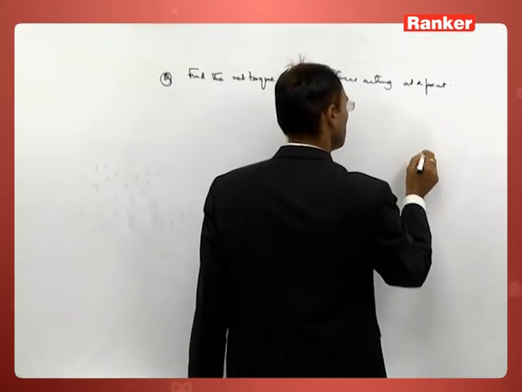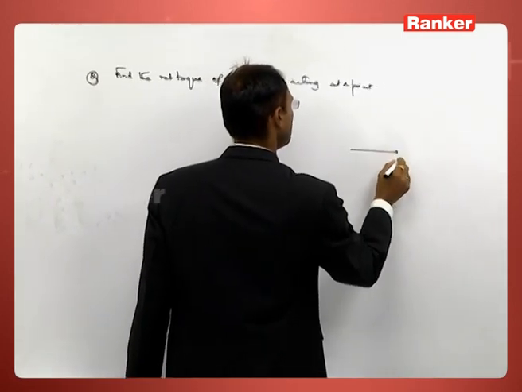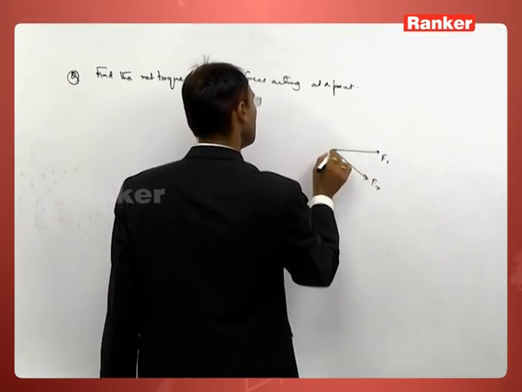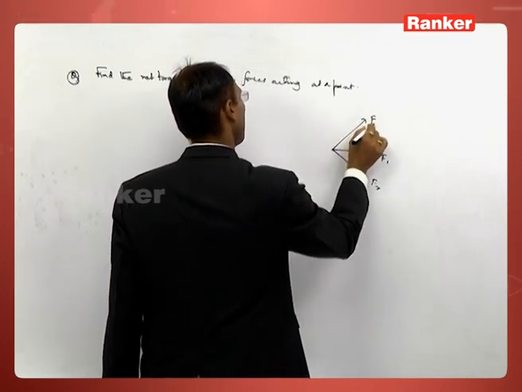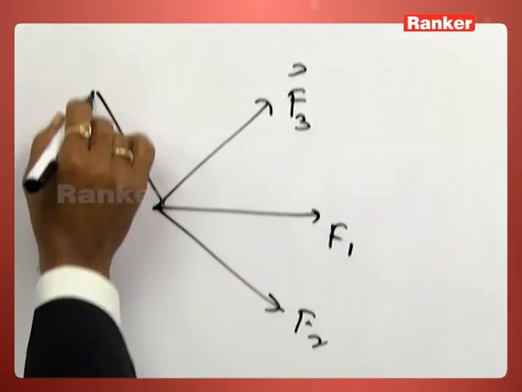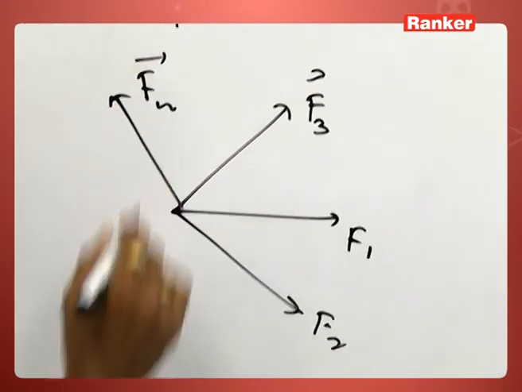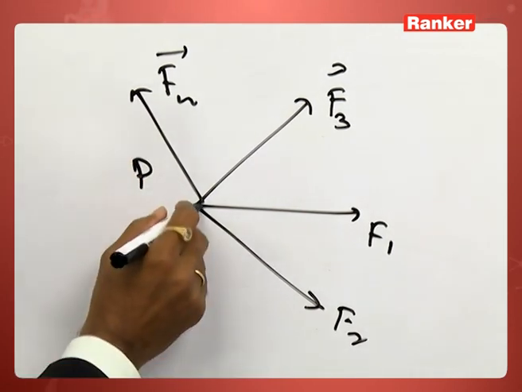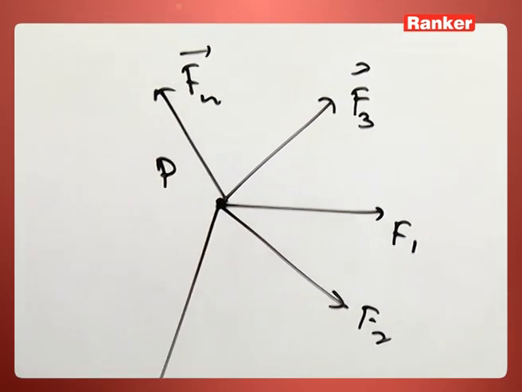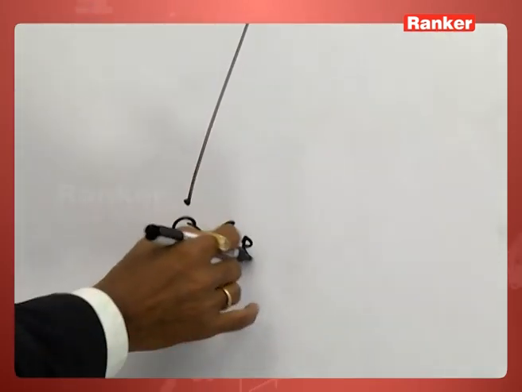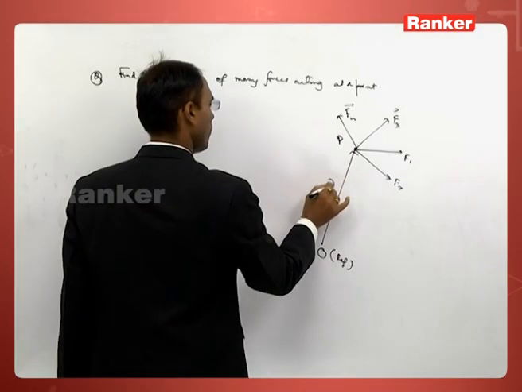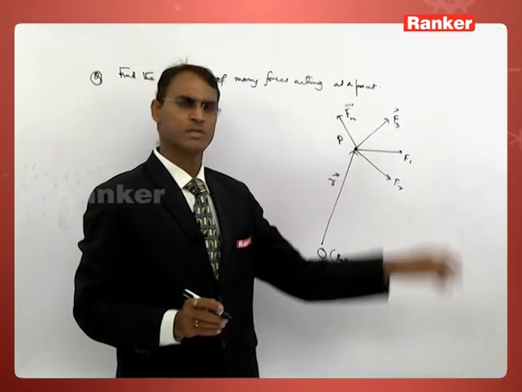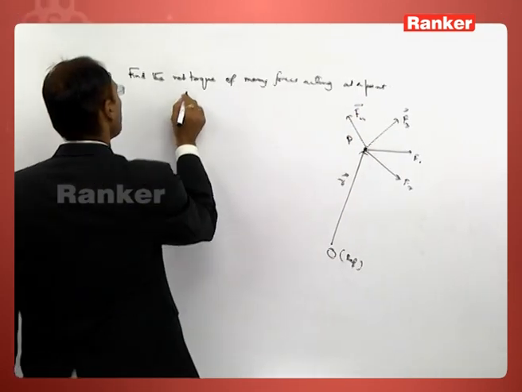Suppose at this point F1 is acting, at this point F2 is acting, at this point F3 is acting, at this point Fn is acting. Let this point be P. Take the reference point O. R is the position vector of application of all forces. We need to calculate the net torque.